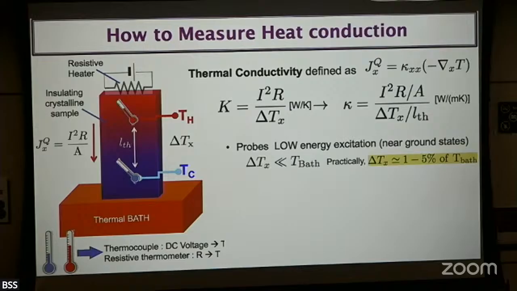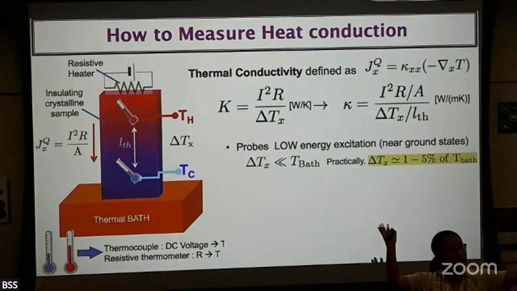What happens is when you have a nonlinear response, my delta T is so small, I want to actually crank up my heat current and then increase the temperature gradient. What will happen? Yes, you burn the entire thing, including the summer bath, the whole temperature goes up, right?